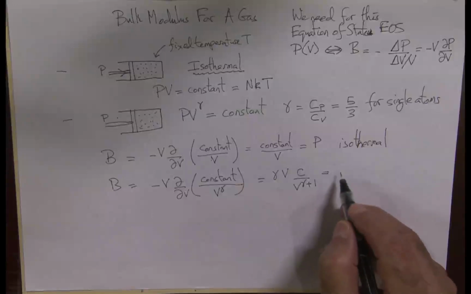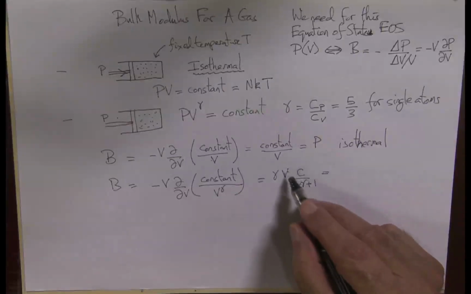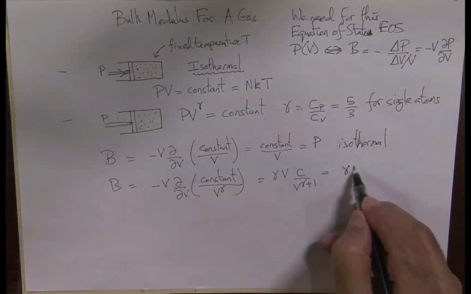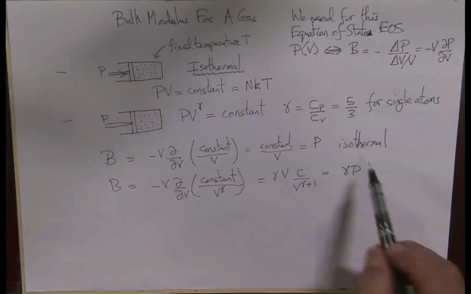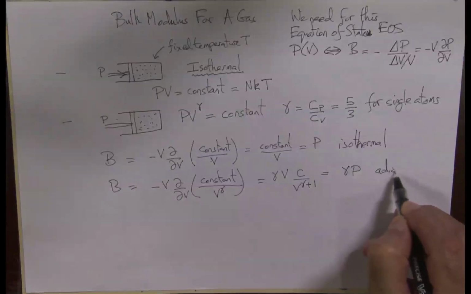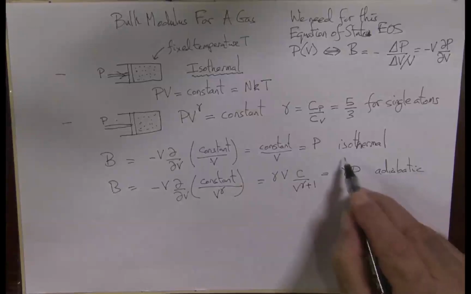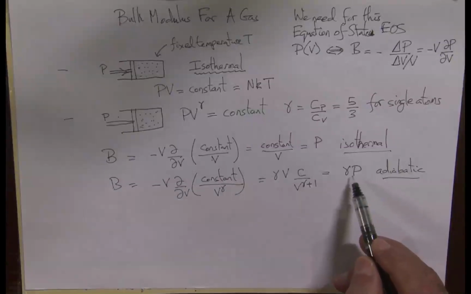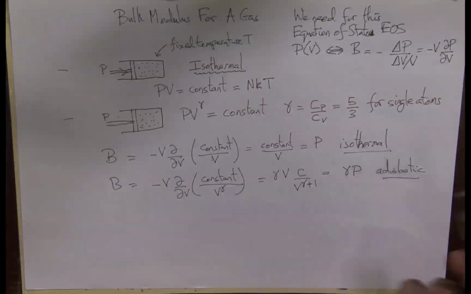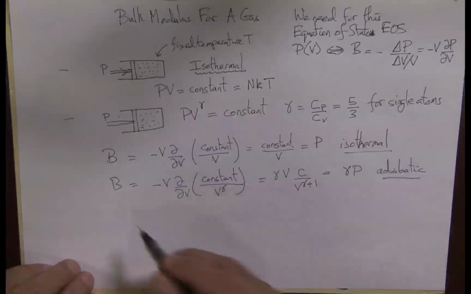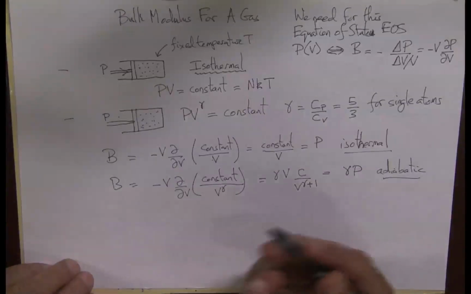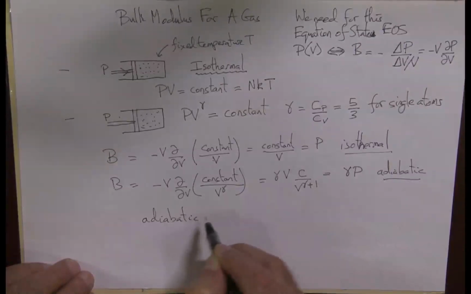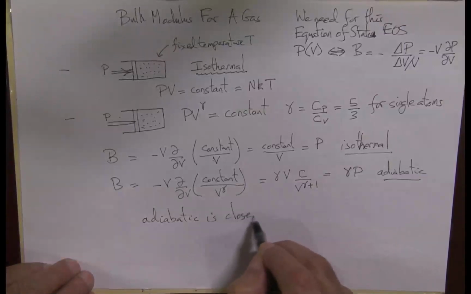And now this V, one of these cancel, and so this is equal to just gamma times P. So the difference between the isothermal and the adiabatic is that here you have P, here you have gamma times P. So the question is, which holds for sound in a gas? And the answer is adiabatic is more correct, is closer to the observed.